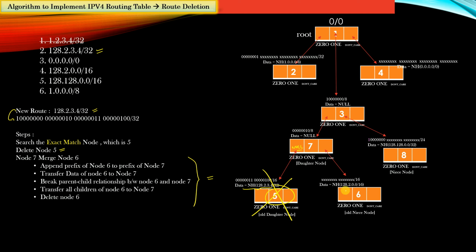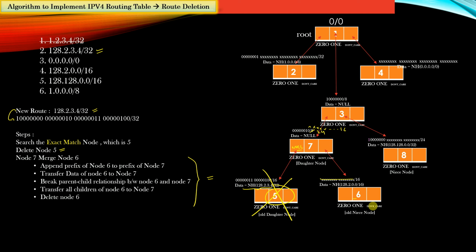You append the prefix of node 6 to the effective prefix of node 7. So node 7's effective prefix would become XXXX 16 times, and the prefix length of node 7 would become 24, because 16 don't care bits have been transferred to node 7.